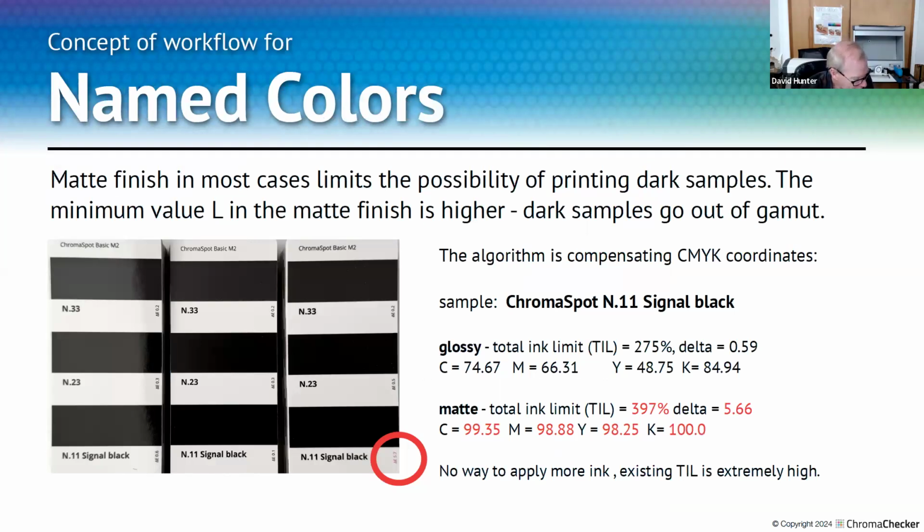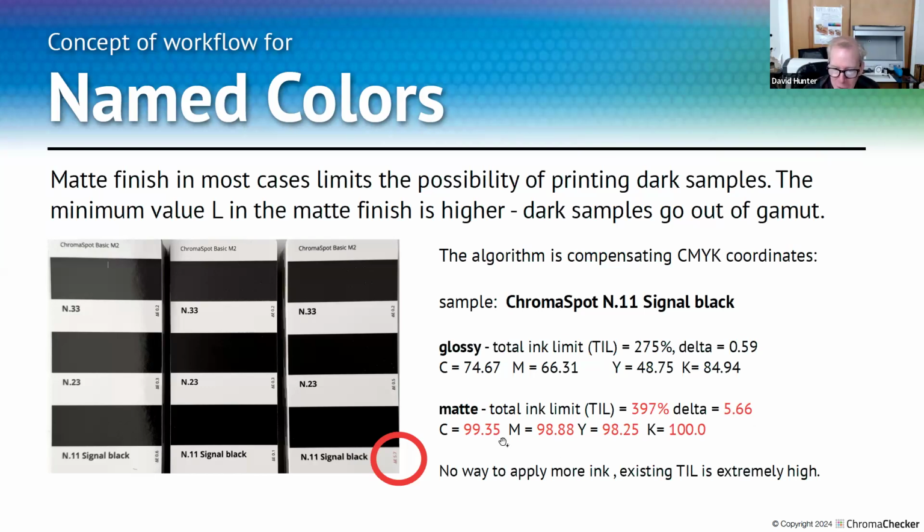Now, it's important to understand that when we're dealing with darker colors, like signal black, which is a real dark black, I have to go to my chipbook to show this color, but the matte lamination lightens up the black color. So using the matte lookup table, ChromaChecker predicts the delta is going to be 5.66.